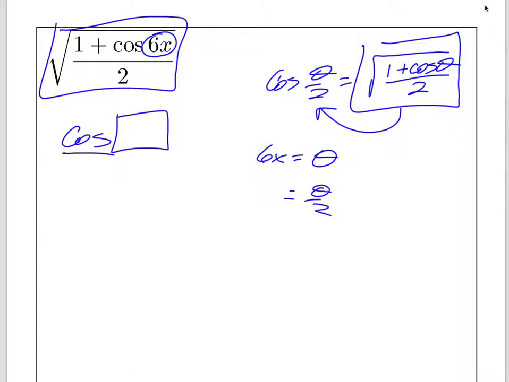So theta over 2 equals 3x, so cosine of 3x is what we're looking for. So identify what you want, figure out what theta is, and then find theta over 2. You plug theta over 2 in here, and you've got your solution. Okay, so that's power reducing and half angle identities to evaluate trig expressions and solve trig equations.